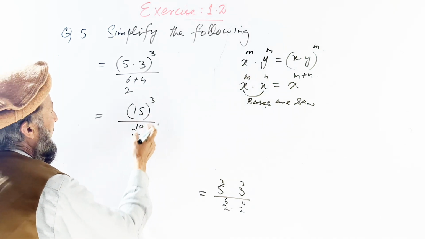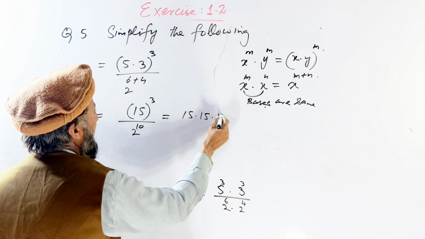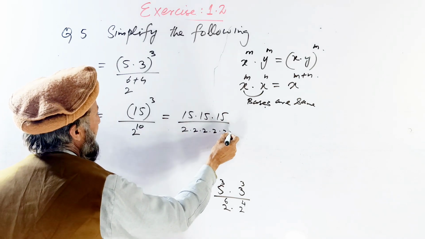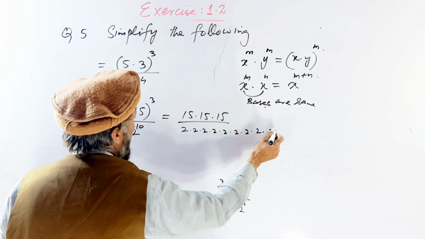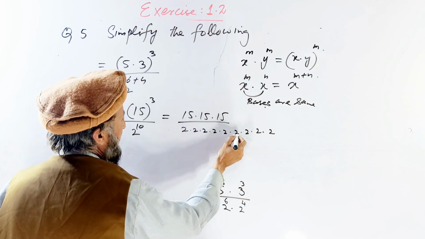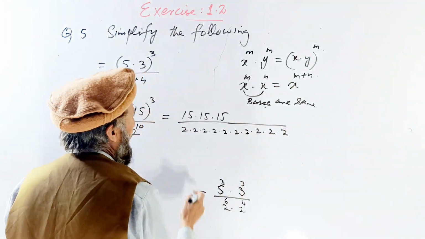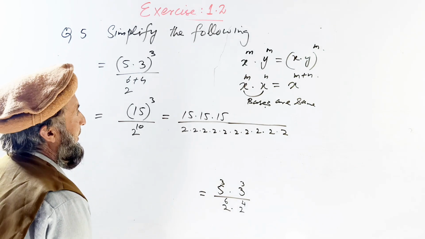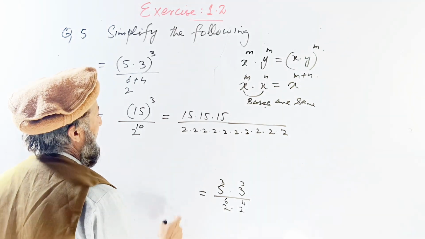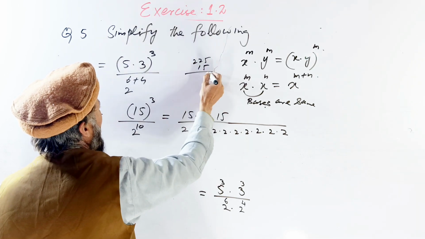And 2 power 10, if we simplify further, we can write as 15 multiplied by 15 multiplied by 15, and 2 taken 10 times. If we further multiply, we get 15 multiplied by 15 is 225, 225 multiplied by 15 is 3375, and for 2 power 10 we get 2, 4, 8, 16, 32, 64, 128, 256, 512, 1024.